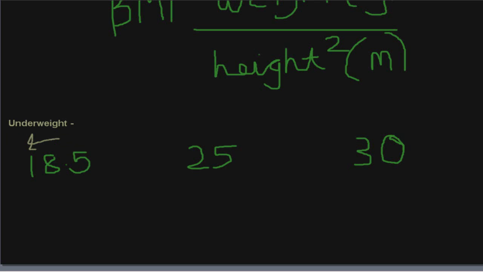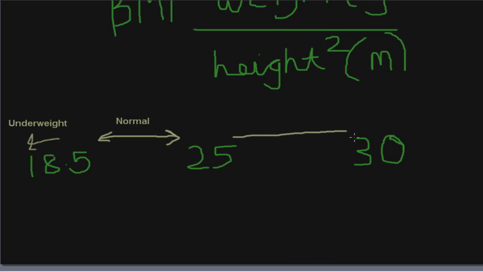And then if it's between these, so around between 18.5 and 25, you're fine. You are normal, and you're at a healthy BMI to be in.